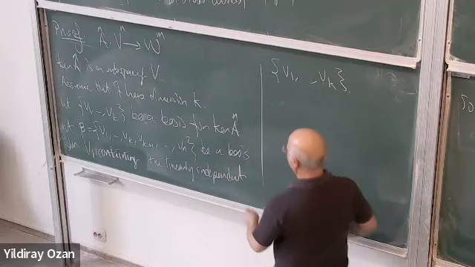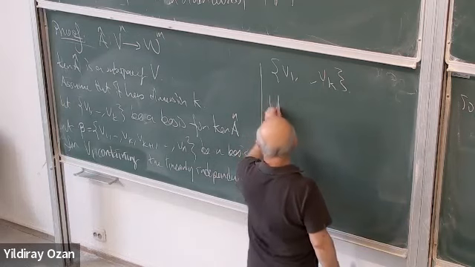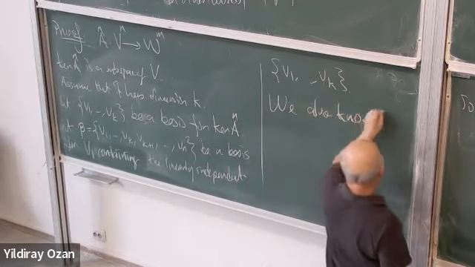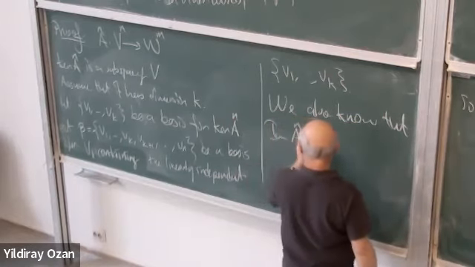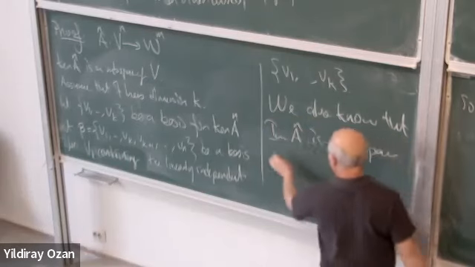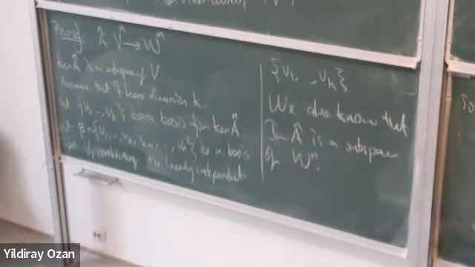Bir de şunu biliyoruz. We also know that the image of A hat is a subspace of W, right? Okay, now our claim is this.